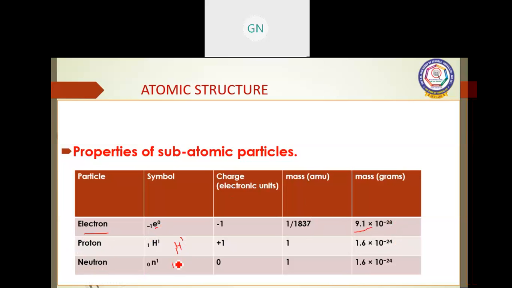And neutron, n, has mass 1 and 0 charge in electronic units. The proton and neutron have the same mass.